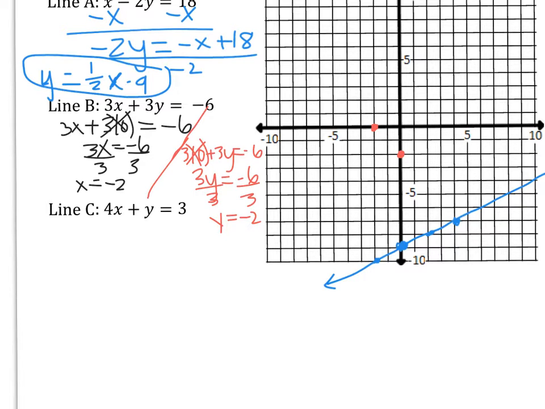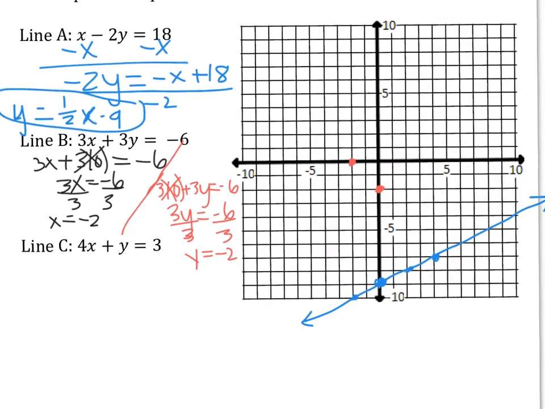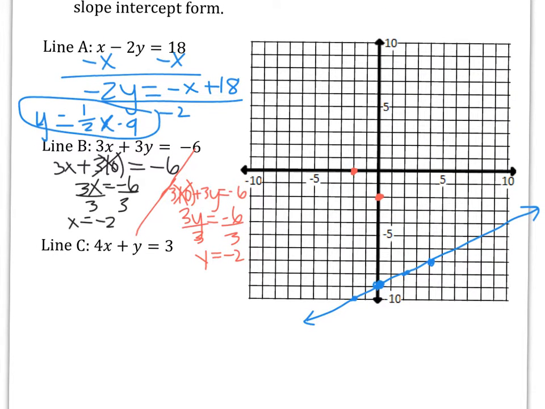So I go down 2, that's the y-intercept. So x is 0, y is negative 2. And you really only need 2 points to make a line. So let's connect those two points and make our line. So it'll look something like this. So again, we could graph a line by using the x and y intercepts, or like line A, rewriting to slope-intercept form.